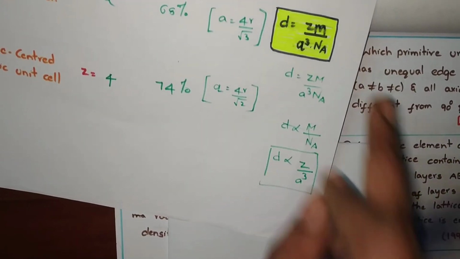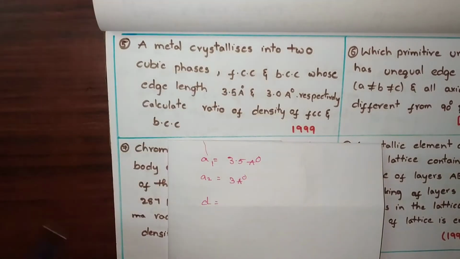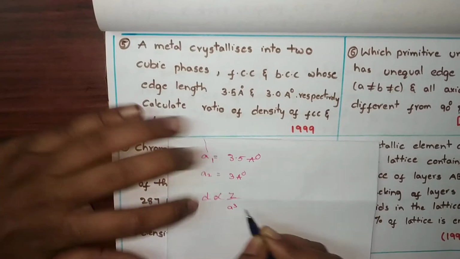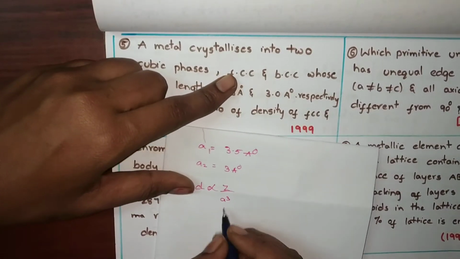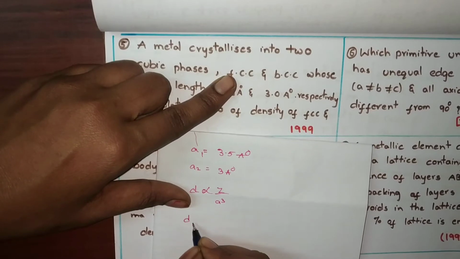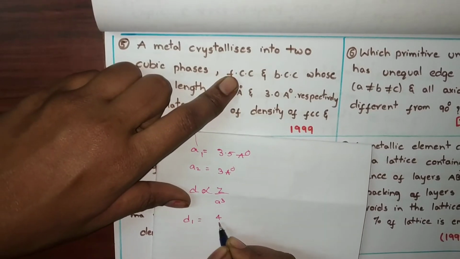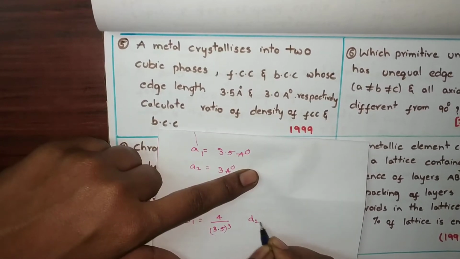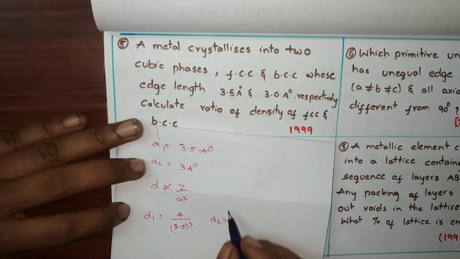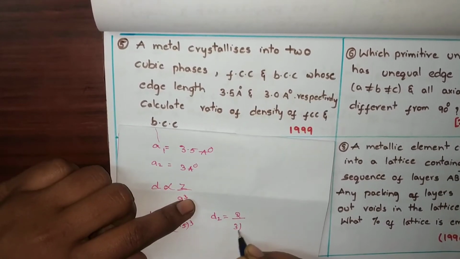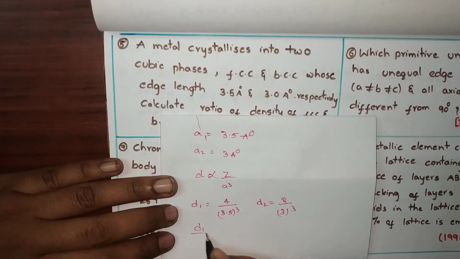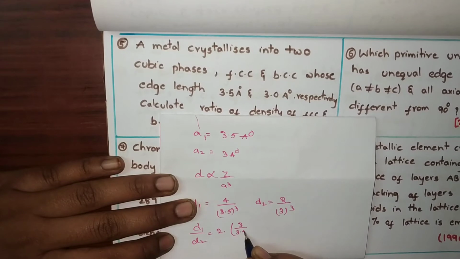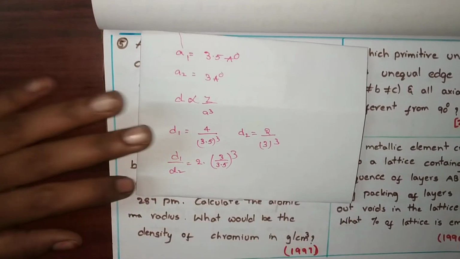Why haven't I taken M? Because it is the same crystal. For FCC, Z will be 4, right? So D1 will be 4 by 3.5 whole cube. And D2 is BCC, BCC is 2, so 2 by 3 whole cube. D1 by D2 is 2 into 3 cube by 3.5 cube. Again calculation, not a big deal.